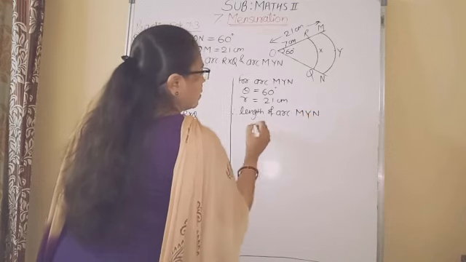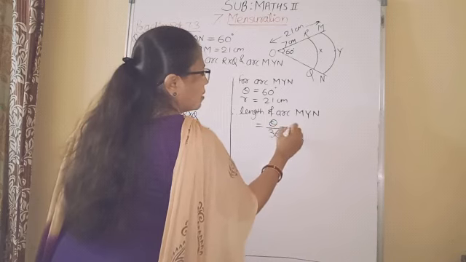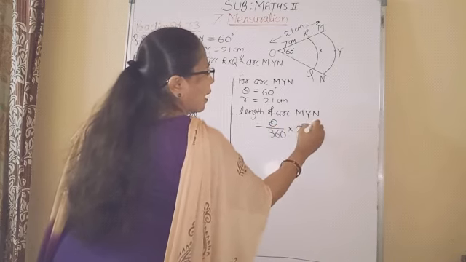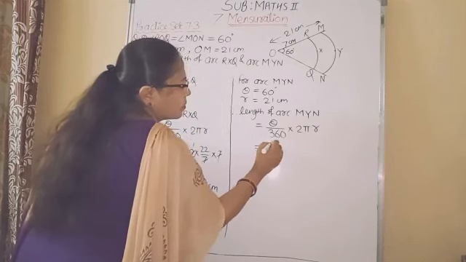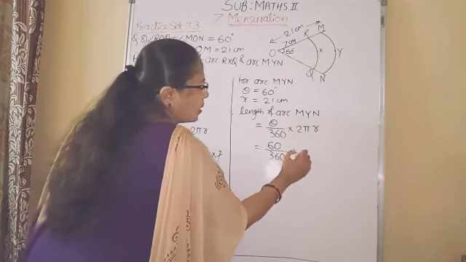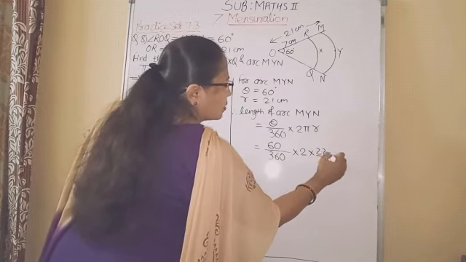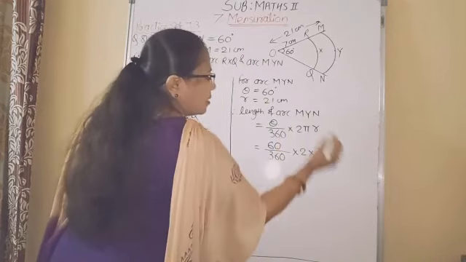MYN is equal to theta upon 360 into 2 pi r. 60 upon 360 into 2 into 22/7 into radius 21.